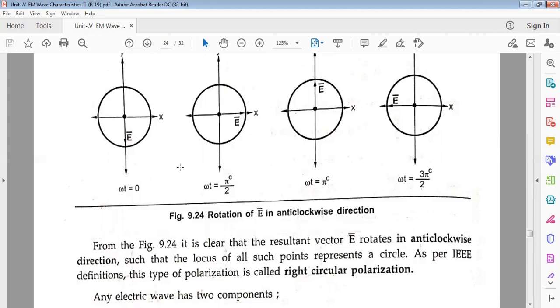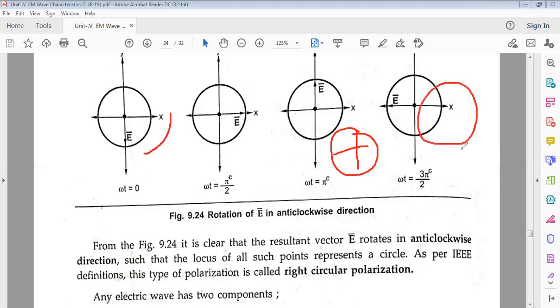Right circular polarization means anti-clockwise direction. Clockwise direction means we get the left side tracing, left circular polarization. Now it is right circular polarization. Got it, my students?